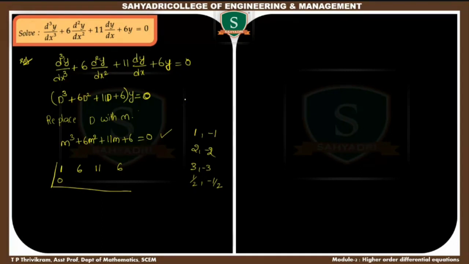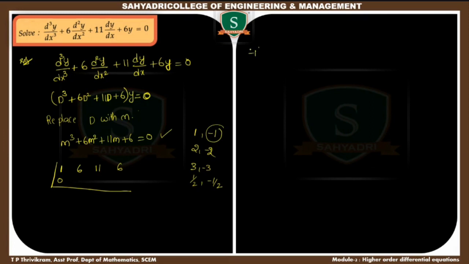Suppose I substitute m equal to 1 here. What happens? All are plus terms, so you won't get 0. Next, I'll make use of minus 1 here. If I use minus 1, what happens?